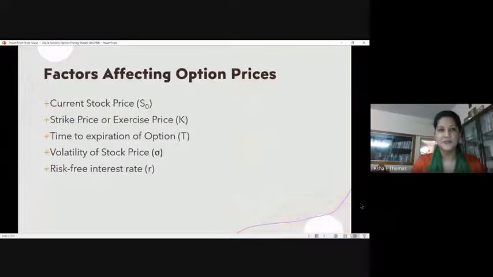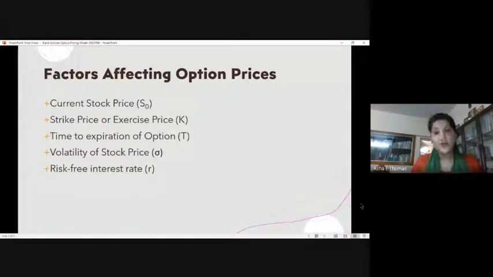Now, as we have learned, this is something which is very common to all the models, to all our discussions regarding option prices. But we are just bringing that back again to continue with our discussion.